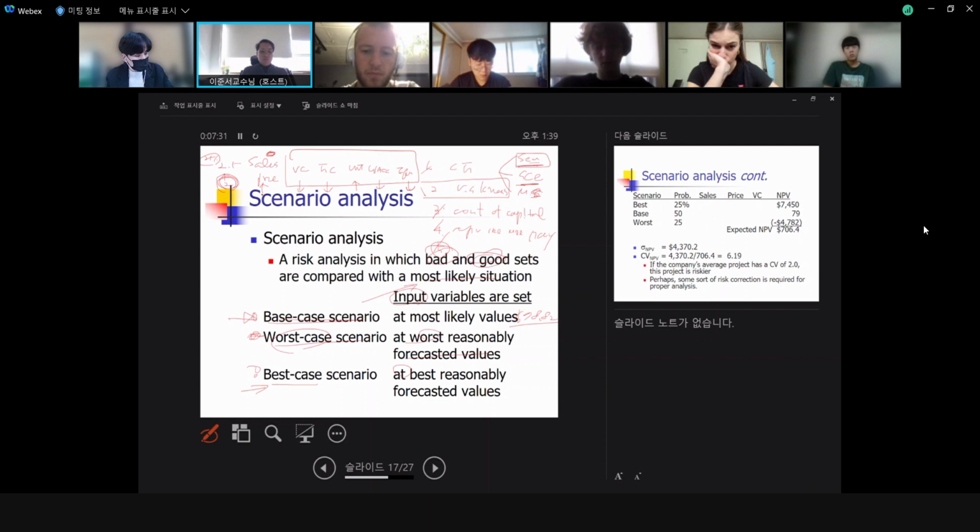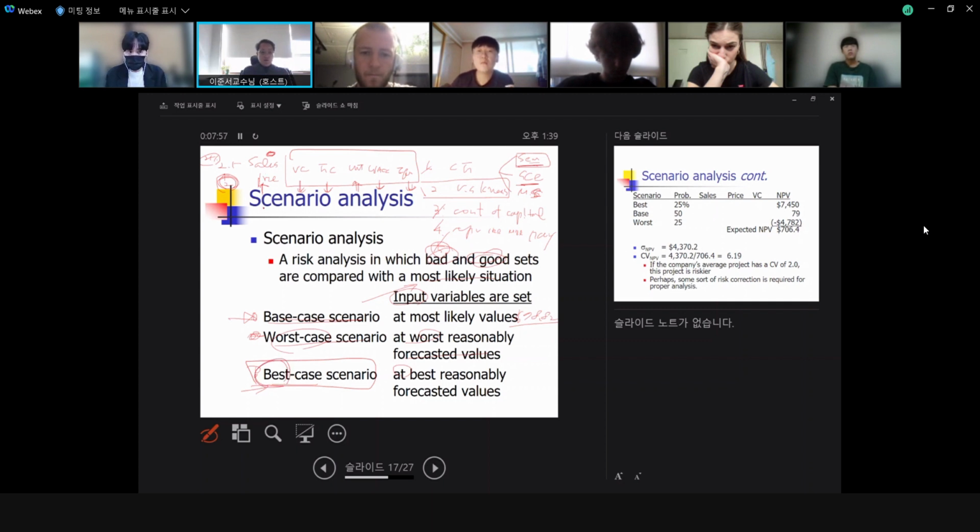So these 6 variables change in this direction simultaneously, then we would say that's the best case scenario. If those variables change like that, then we can calculate the net present value, which is the best net present value. So that's the best case scenario.